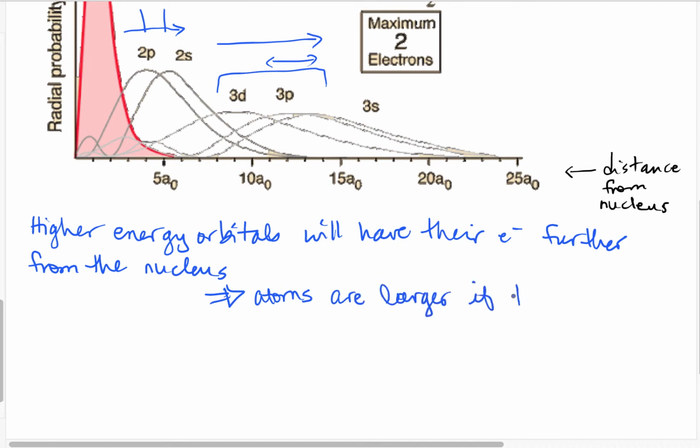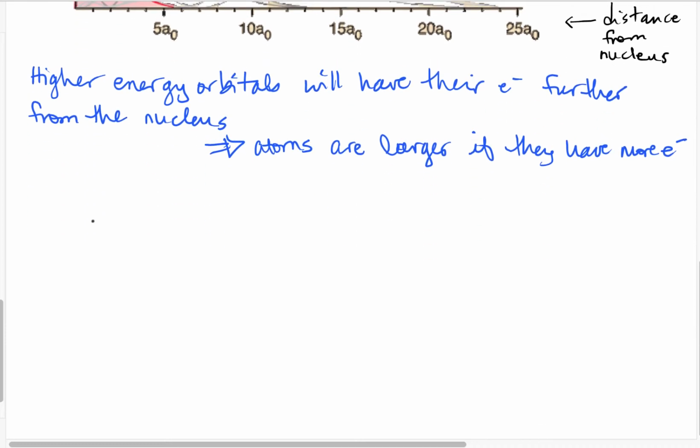So if they have more electrons, then the atoms are likely to be larger than if they have fewer electrons. This is only one of the possible effects here that we have, and we need to explore it just a little bit more. So first, let's take a look at the atomic size of some atoms.